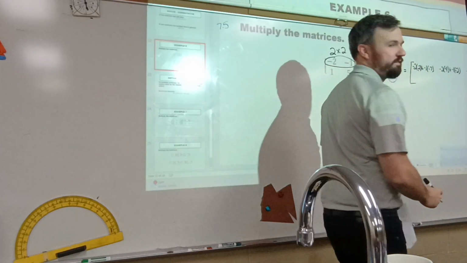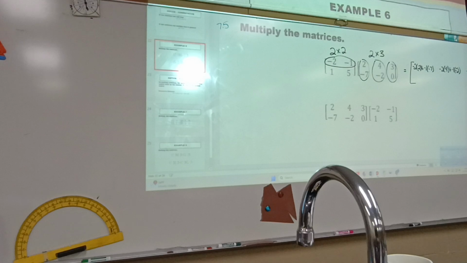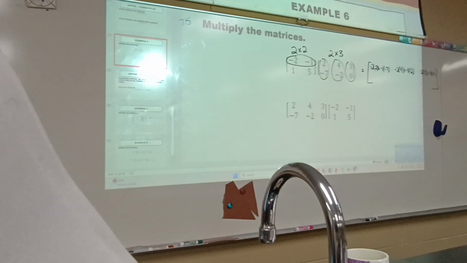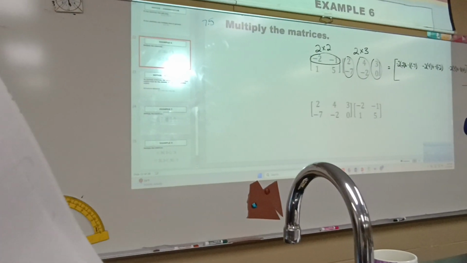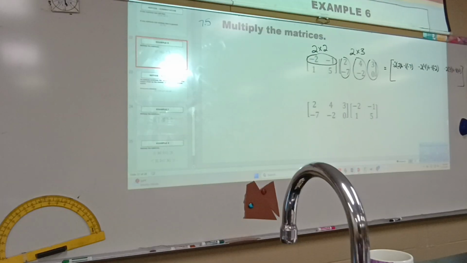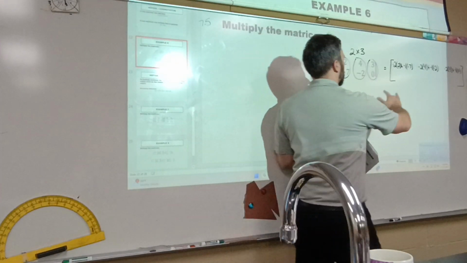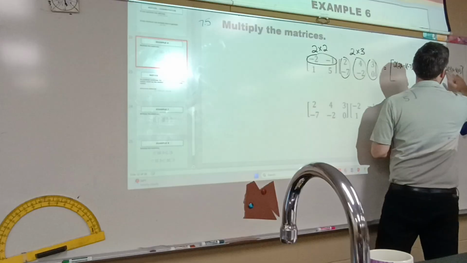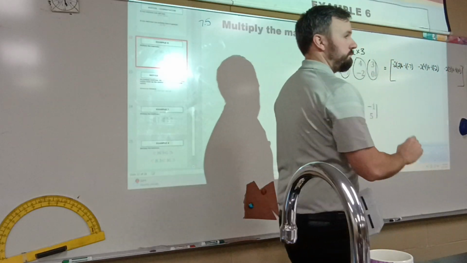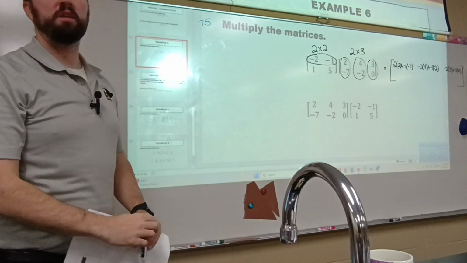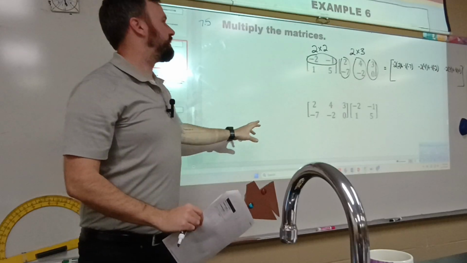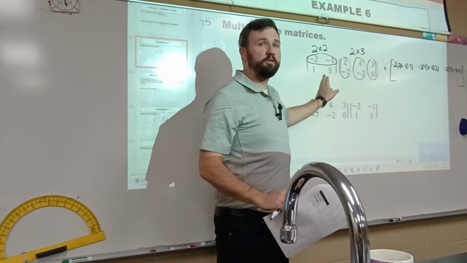Can I do that? All right, let's check. -2, -1, -2, -1, -2, -1. It works, doesn't it? So do our matrix dimensions have to be the same to multiply matrices?